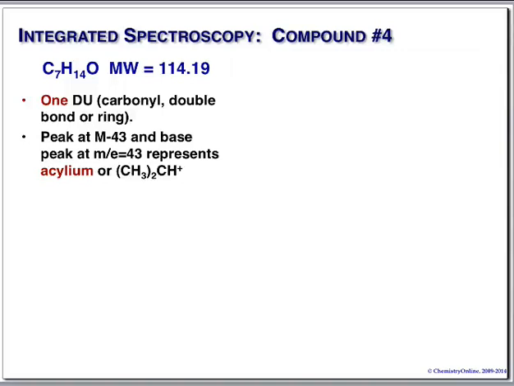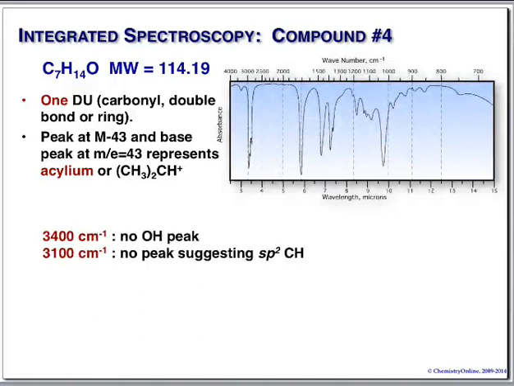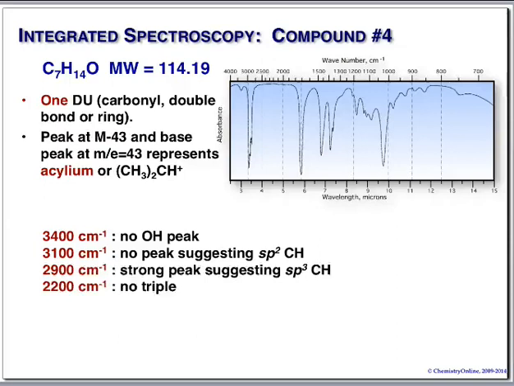All right, infrared. At 3400, we have no OH peak. 3100, nothing. 2900, we have a very nice large peak, several of them actually. We have no triple bonds, and we have a beautiful carbonyl here at 1710.